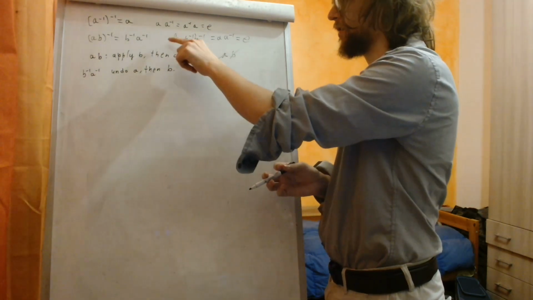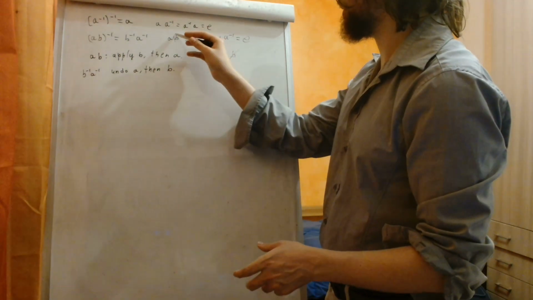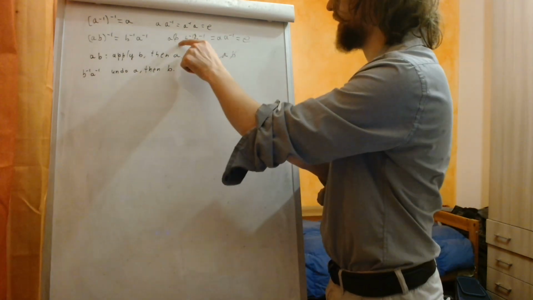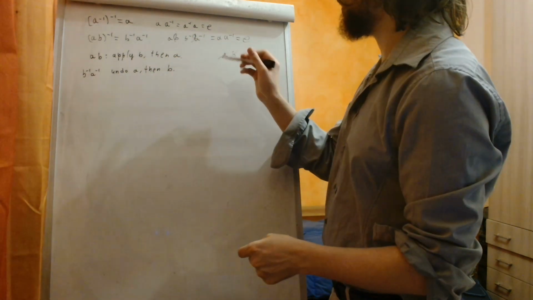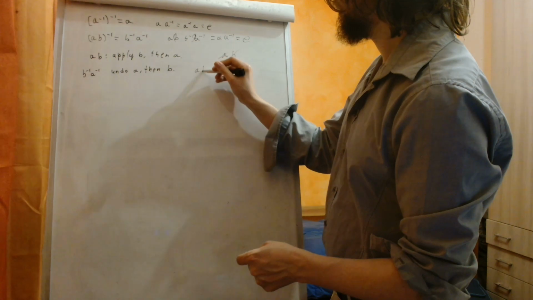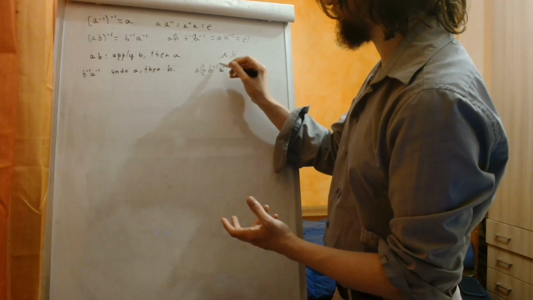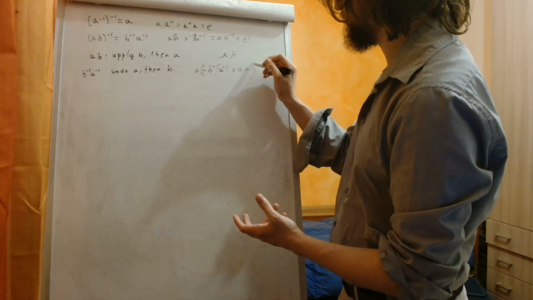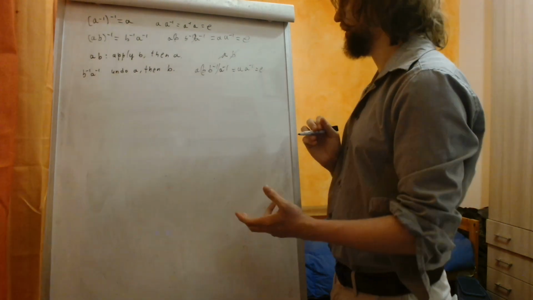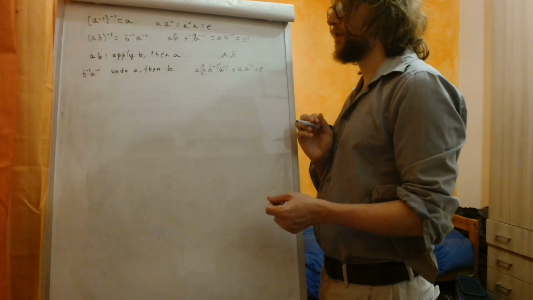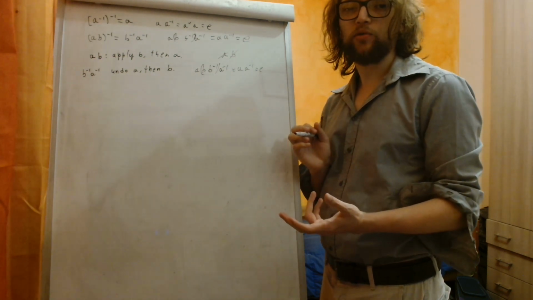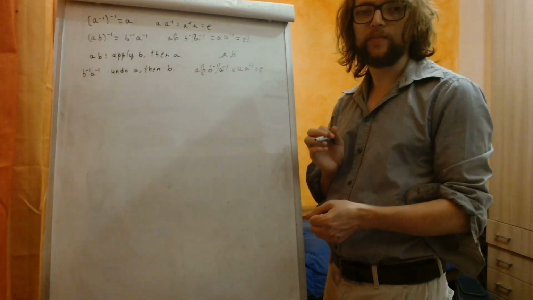You can check this because by the associative property you can group these two terms. I write it here again. You can group these two, so this gives A to the minus 1 A, which gives E, the identity. So B to the minus 1, A to the minus 1 is indeed the inverse of AB.